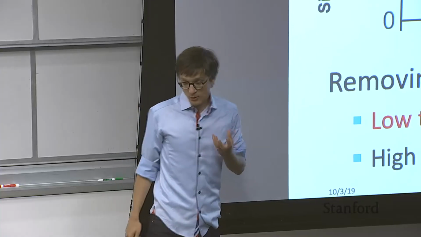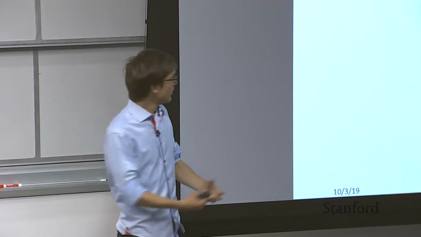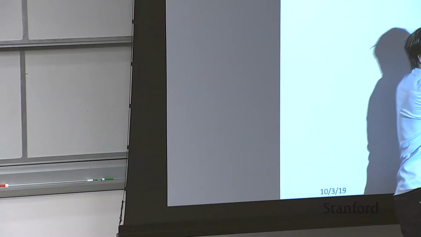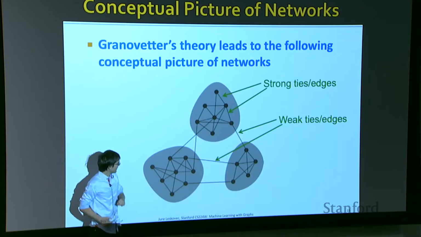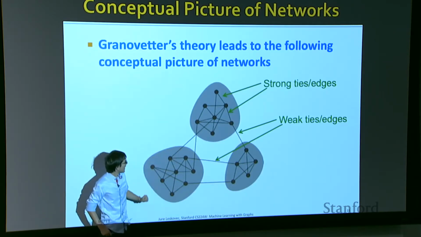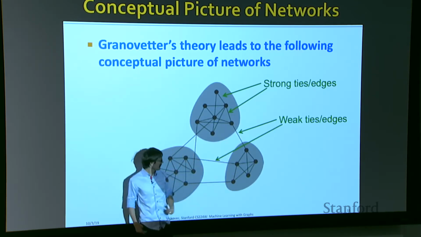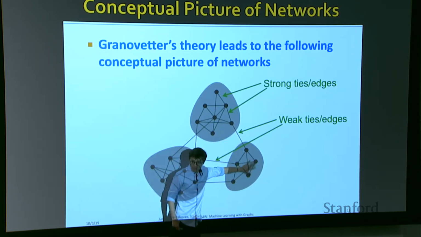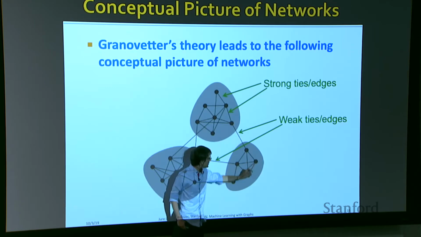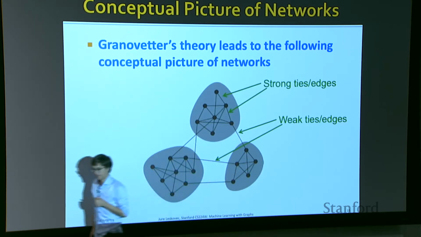So what does all this evidence point to? It points conceptually to this type of picture where I have these clusters, I have these weak ties that are weak in terms of phone calls and are weak in terms of edge overlap, and then I have these clumps of densely connected nodes where I have high interpersonal strength of communication, and I also have high overlap, right?